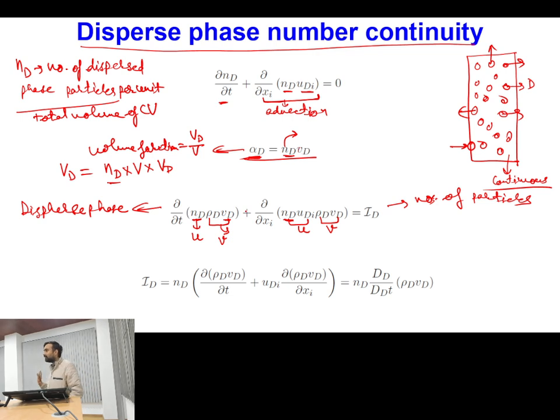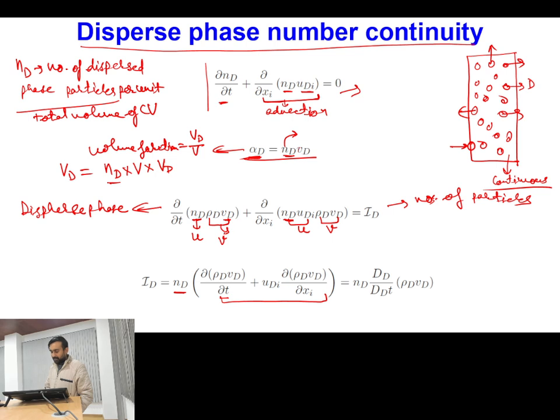Is this point clear? That is what is done over here. You can see one equation where Nd is common outside, and you have del rho d Vd by del t plus Udi into del by del xi of rho d into Vd. Is this point clear? Along with this, there will be one additional term, and that additional term from this number continuity equation can be written as 0. Is this point clear?